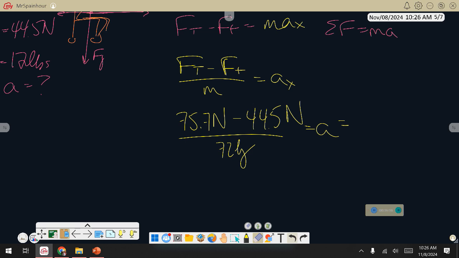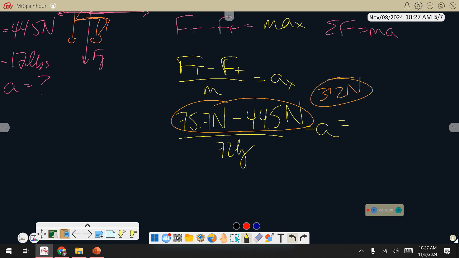Now, let's highlight this real quick. Take 75.7 minus 44.5. What do you get? 31.2 newtons. What is that? That's your sigma F, your net force. That is how much total force is acting on him, and that is why it's used here.